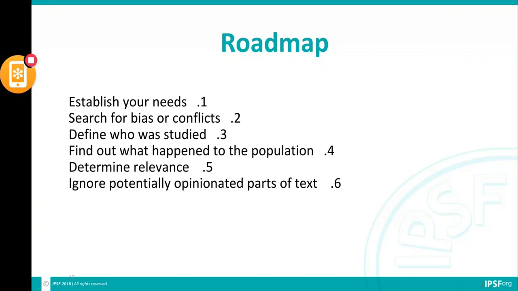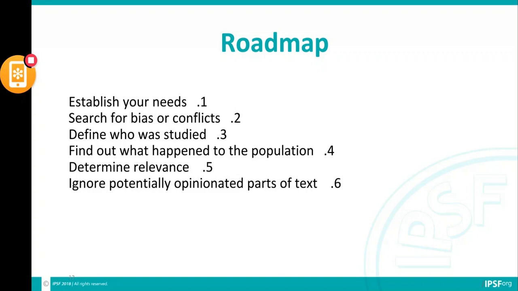You also want to define who is studied. So this kind of goes back to establishing your needs. You want to make sure that you're looking for papers and evaluating whether or not the population that was studied is useful for that particular question.